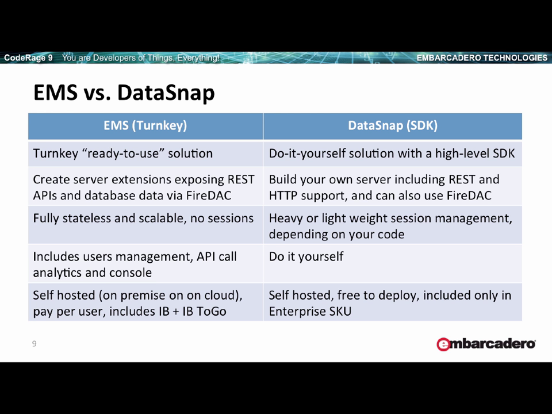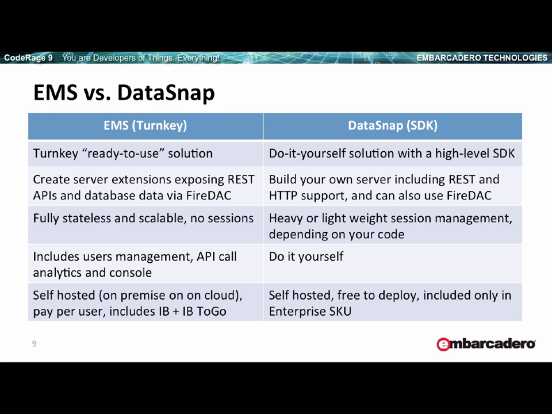There are no sessions, and that means it's also more scalable and more robust because there's no session management that could cause issues. On the DataSnap side, there is session management. This is just the way DataSnap has been built over the years. Even if you're using REST, there's some session management. Now you do have options to not use sessions, but this is generally how the architecture was designed to be used. So that's a pretty big difference between the two of them.